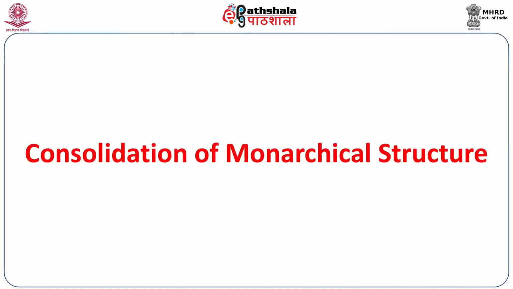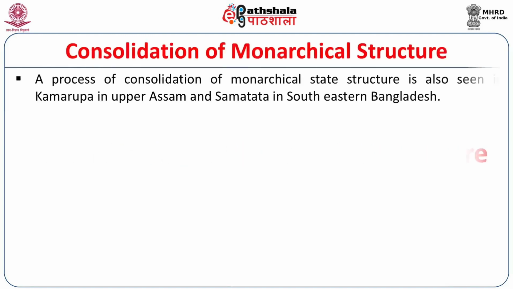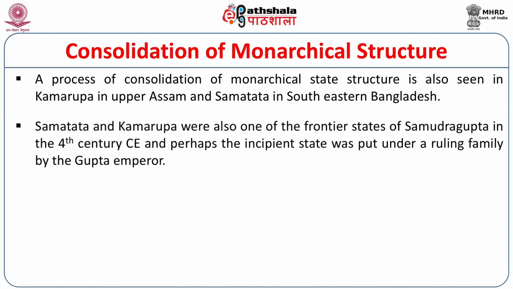A process of consolidation for these Nripatis started, and we find, for example, Kamarupa in Upper Assam and Samatata in southeastern Bangladesh, these kingdoms gradually rising. Samatata and Kamarupa were frontier states, Pratyanta Nripatis, as mentioned in the Allahabad inscription of Samudragupta in the 4th century, and perhaps the incipient state was now put under a ruling family by the Gupta emperor.